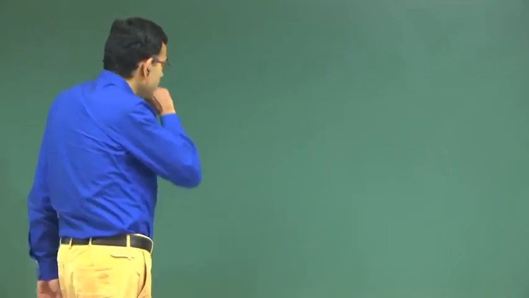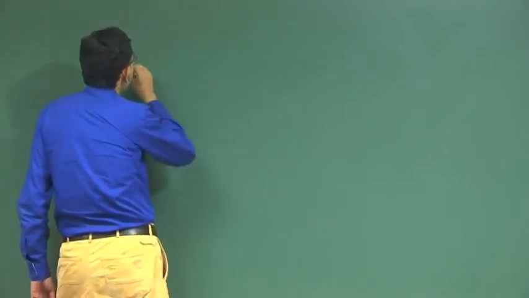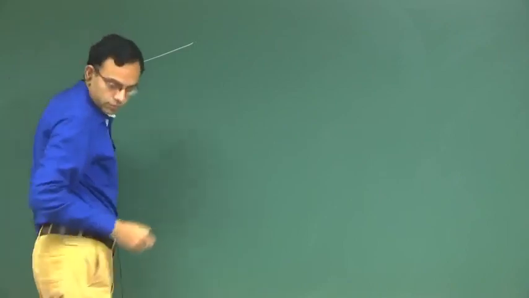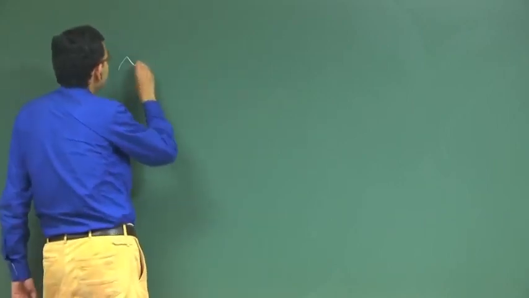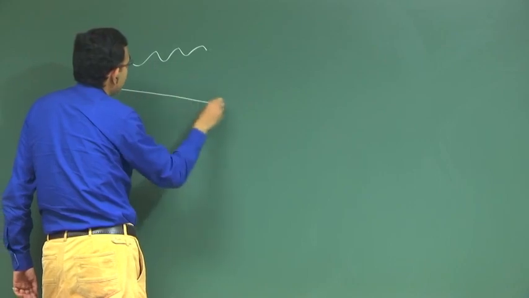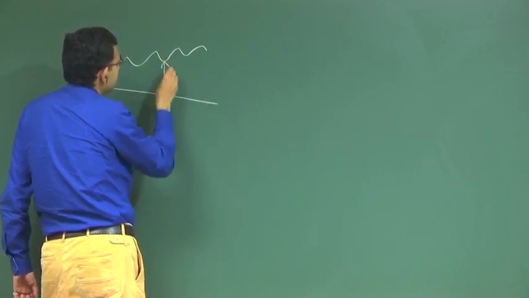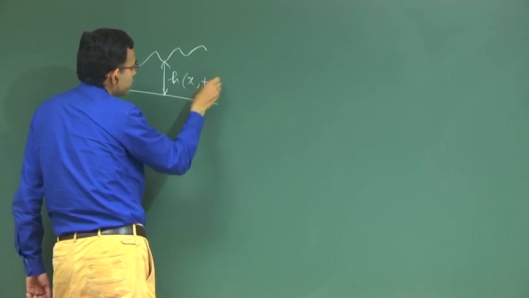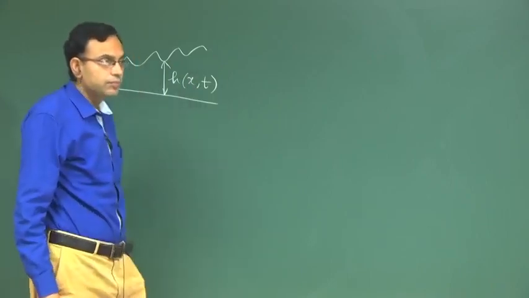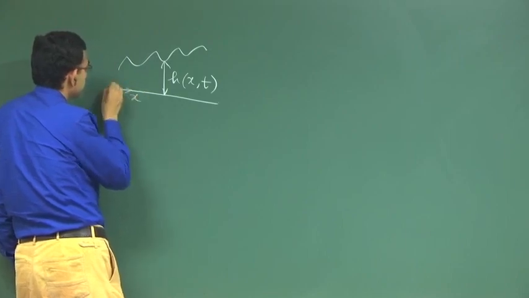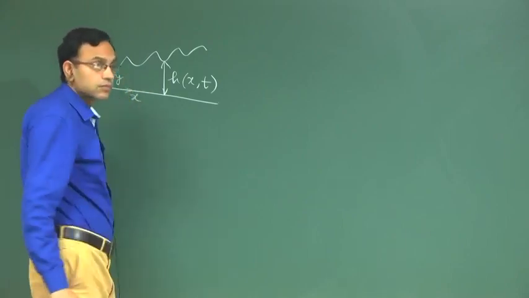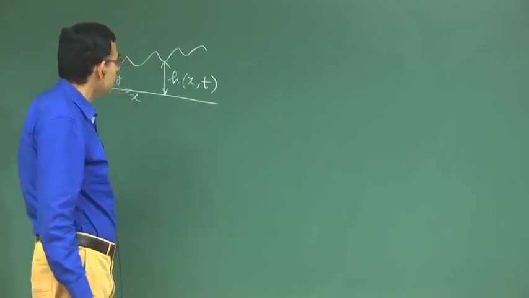So, we will just reconstruct the physical situation that we were considering. An arbitrary top surface for which the height is a function of x and time, where these are the x and y axis.